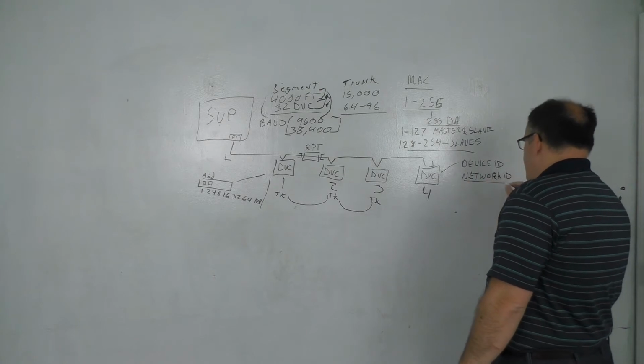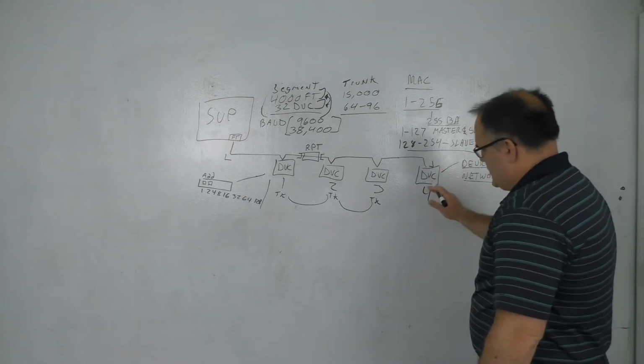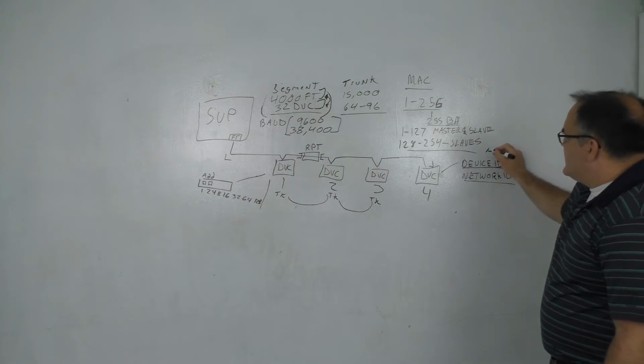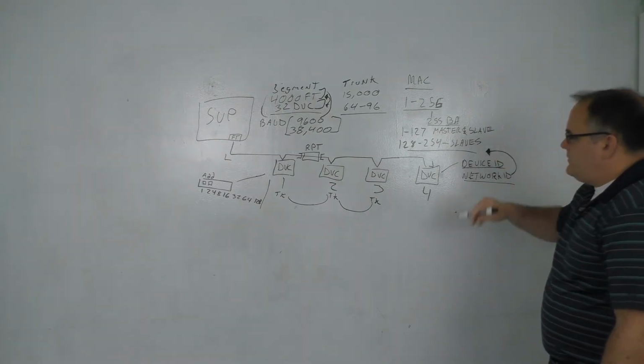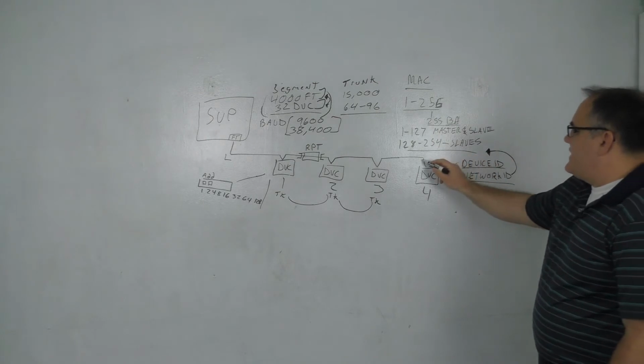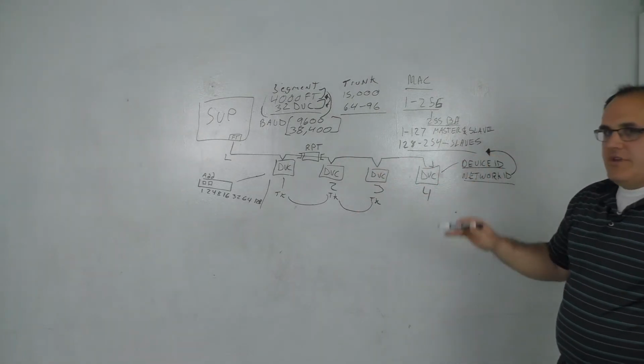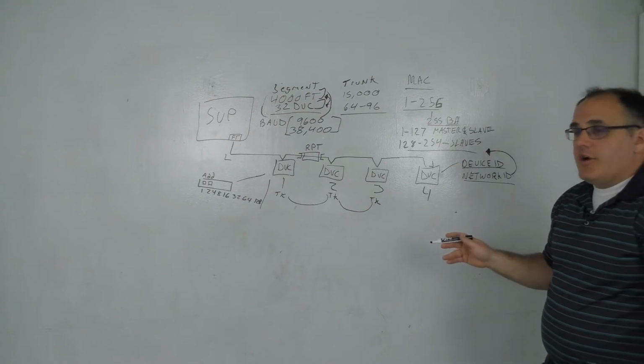So we have our network ID and our device ID for each device. Now, the network ID is the entire trunk. So the network ID would be for this entire trunk right here. Okay, making sense so far?